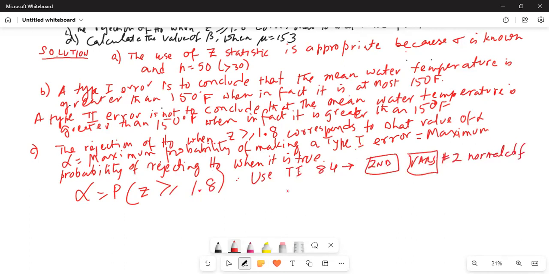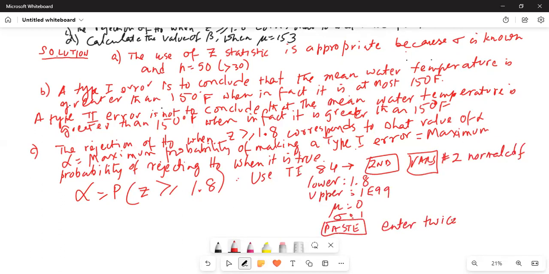So my lower is 1.8, my upper is 1E99, that is a very large number on the right. My mean is 0, my sigma is 1, and I paste and hit enter twice.